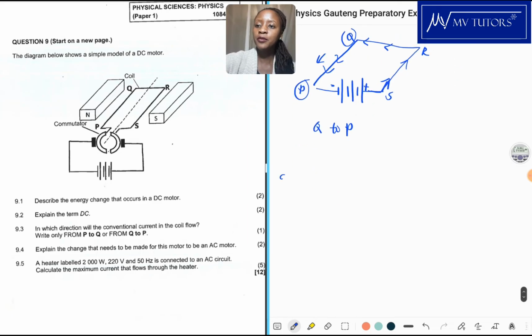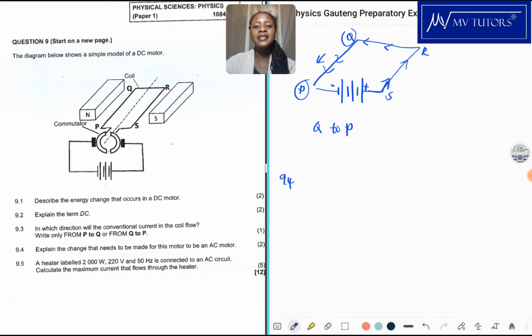And then 9.4. Explain the change that needs to be made for this motor to be an AC motor. For a DC motor we have a split ring commutator. This portion here is split, and that makes sure that the current flows in one direction. But for it to be an AC motor, we're going to have a slip ring commutator.